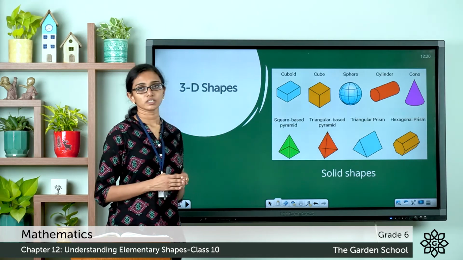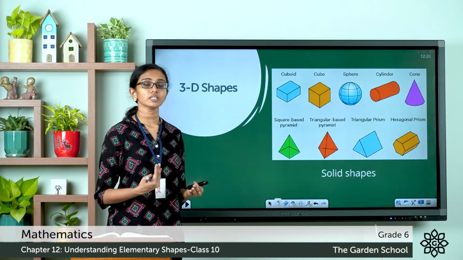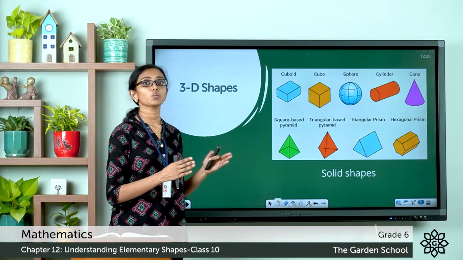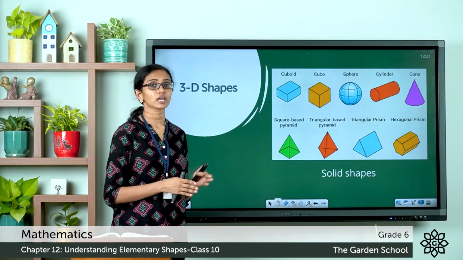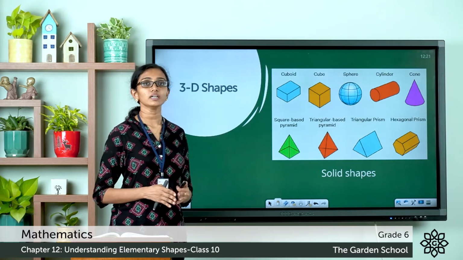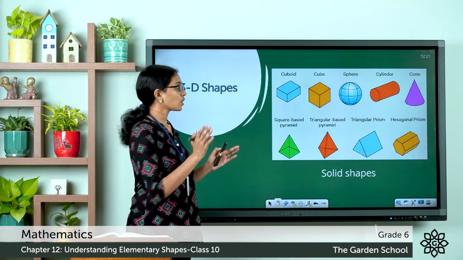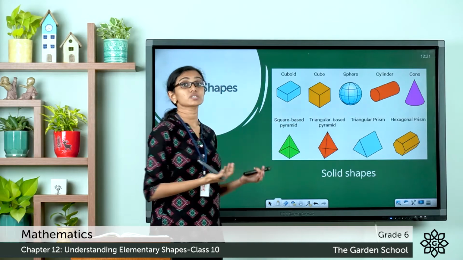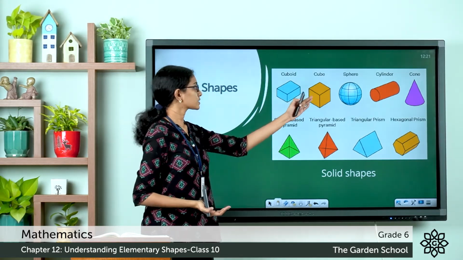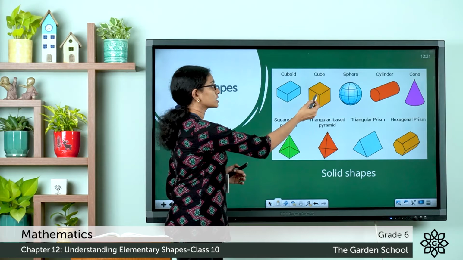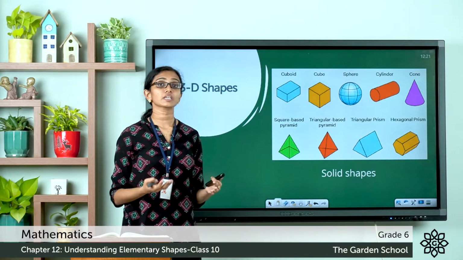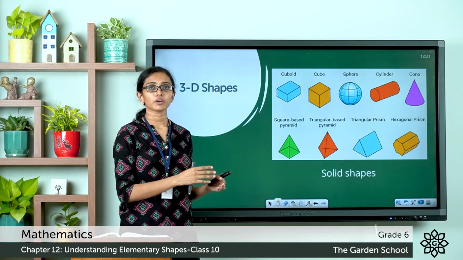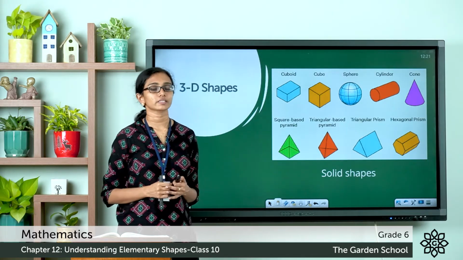So the surfaces around them are called faces of the solid shape, and the line segment that you can see where 2 surfaces or 2 faces meet, they are called the edges of a solid shape. You can also see in some shapes there are corner points, sharp corner points, like in the case of a cube. There are sharp corners or corner points and these sharp corners are called vertices. A single point is a vertex, the plural is vertices.